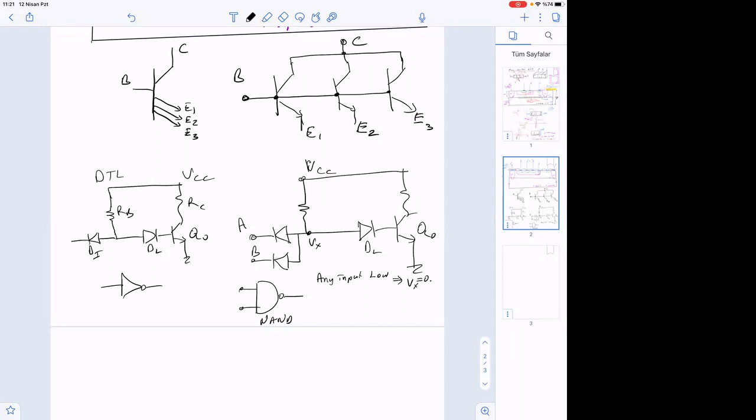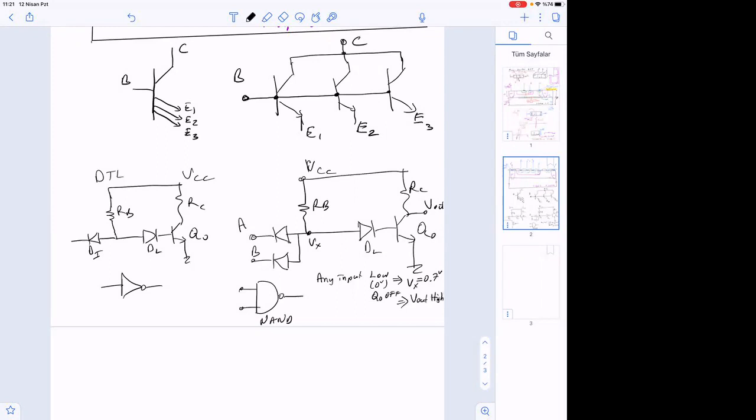Let's say 0.7 volts, and when we say low, let's say 0 volt. 0.7 is not enough, so QO is off. So then Vout is high. Therefore, Vout is high.